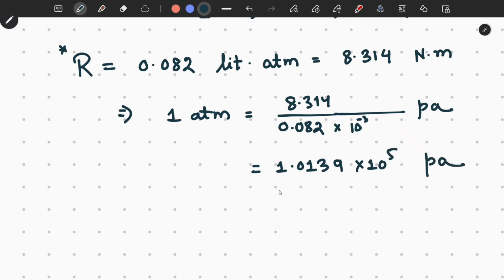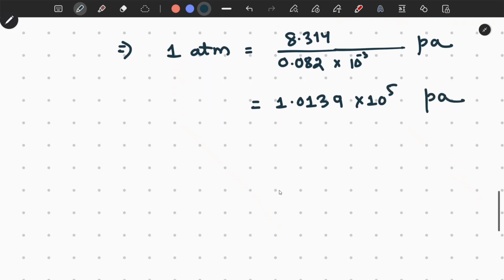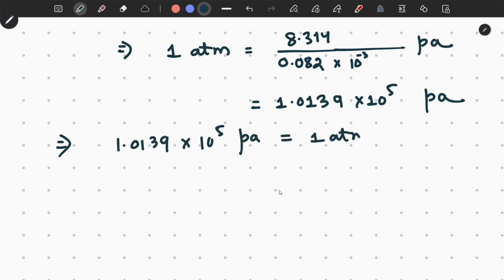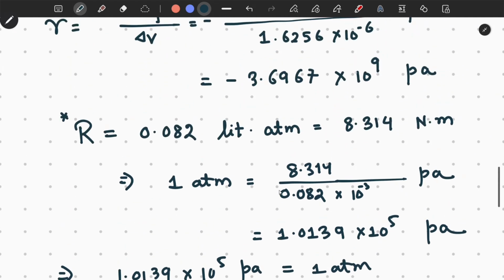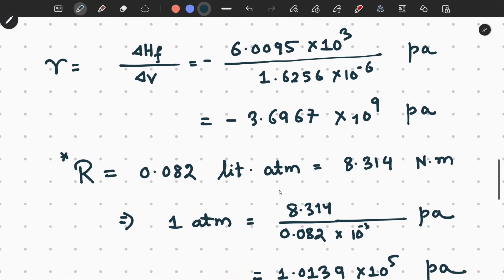So this is the definition we already know basically. So 1.0139 into 10 to the power 5 Pascal is equal to 1 ATM. But how many Pascal do we have? This, right? Yes, it is in minus.